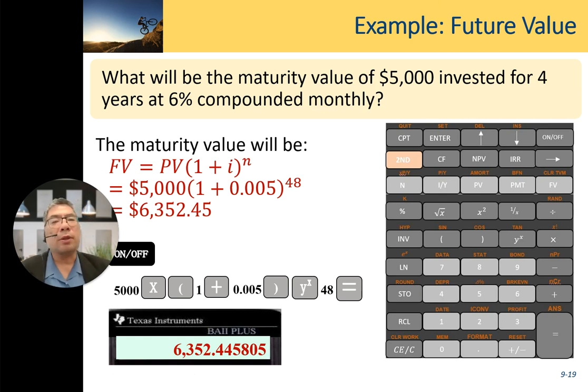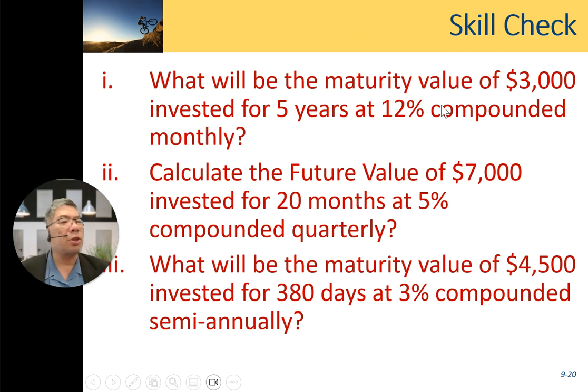Okay, let's look at the next one. This is your skill check. Number 1: what will be the maturity value of 3,000 invested for 5 years at 12% compounded monthly? Number 2: calculate the future value of 7,000 invested for 20 months at 5% compounded quarterly.